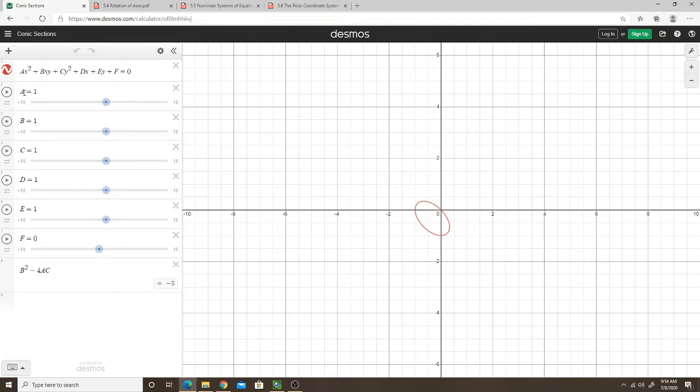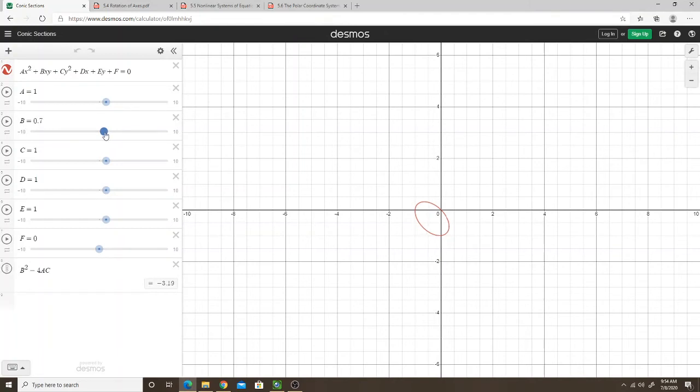And I've created little sliders for a, b, c, d, e, and f so that we can change those values if we want. And down here, I have the discriminant, b squared minus 4ac. You can see that right now the discriminant is negative 3, and sure enough, we have an ellipse.